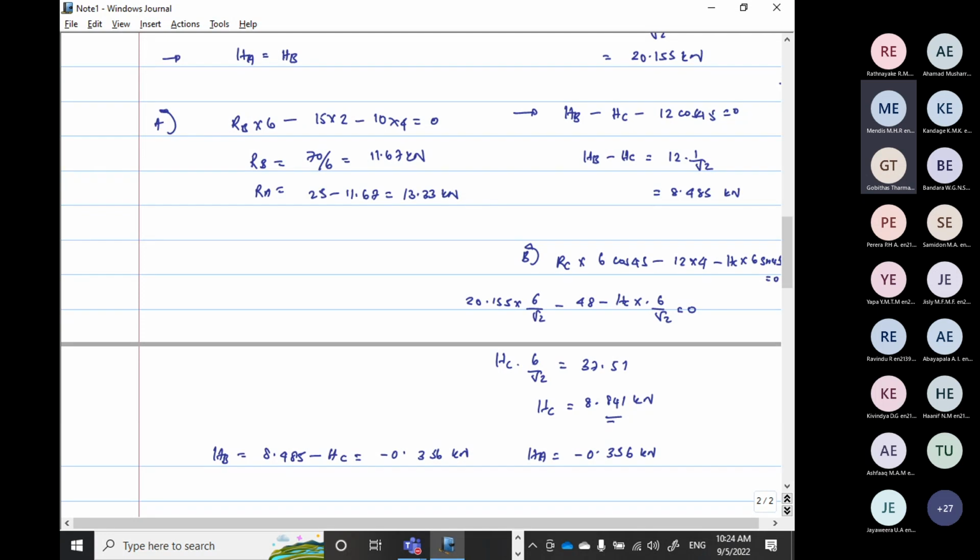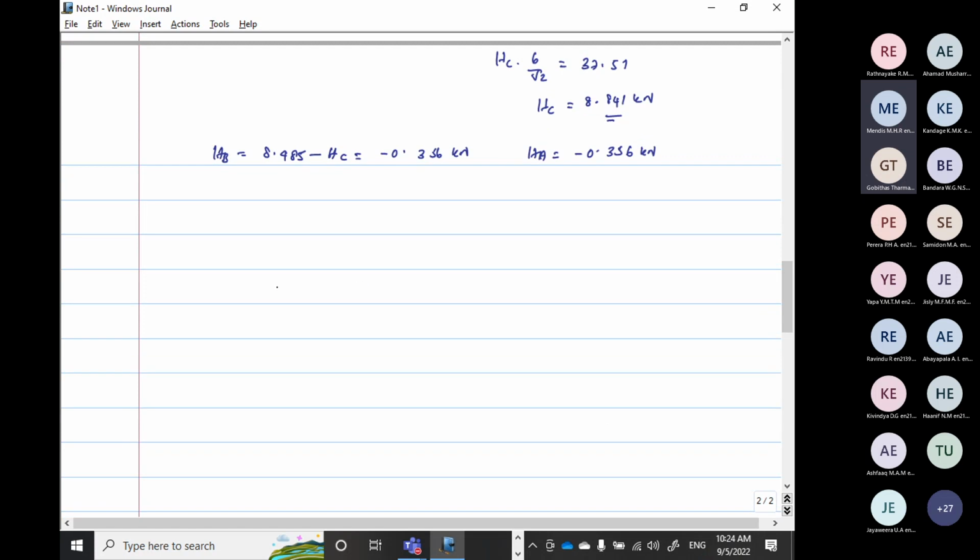Once you have found the reactions, approaching an inclined column or a beam is similar to approaching a beam that we have seen in semester 1. So if I take the element AB, all the unknowns are now known.